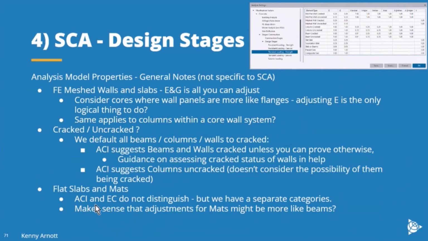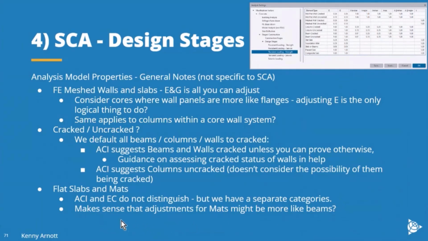And flat slabs and mats, again, in ACI and EC, don't really distinguish between those two things. They talk about flat slabs and mats together, but the ACI gives them a 0.25 factor, whereas the EC suggests maybe 0.35.